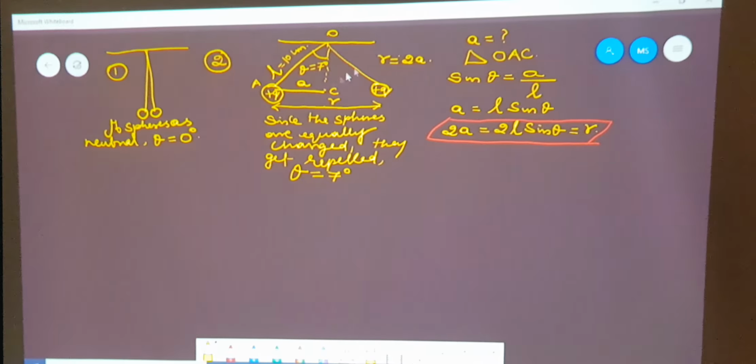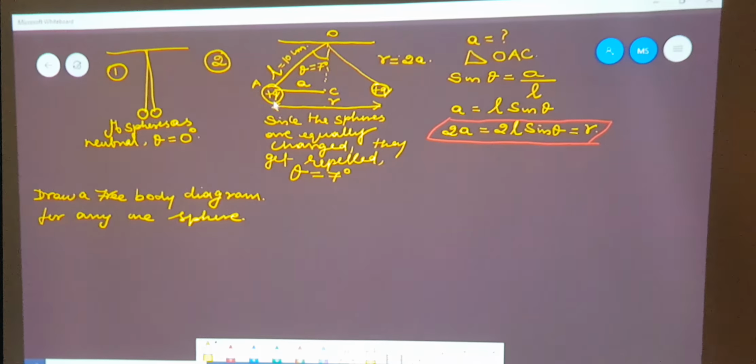Now, let us analyze this in order to calculate. So, you draw a free body diagram. In your 11th standard, you might have studied this. Draw a free body diagram or a figure for any one of the charges, or any one sphere.